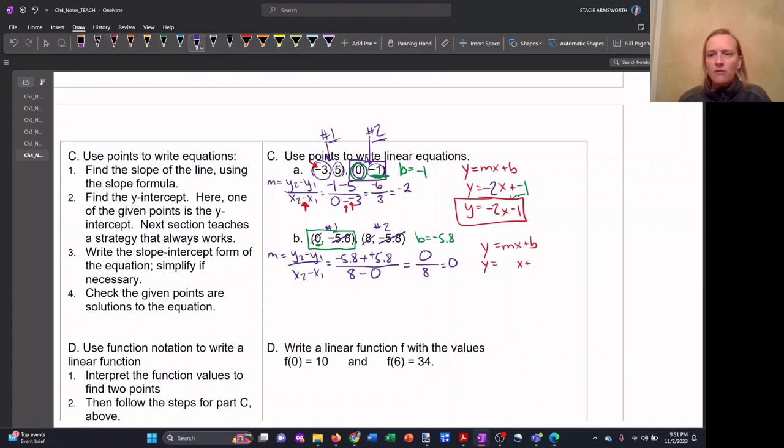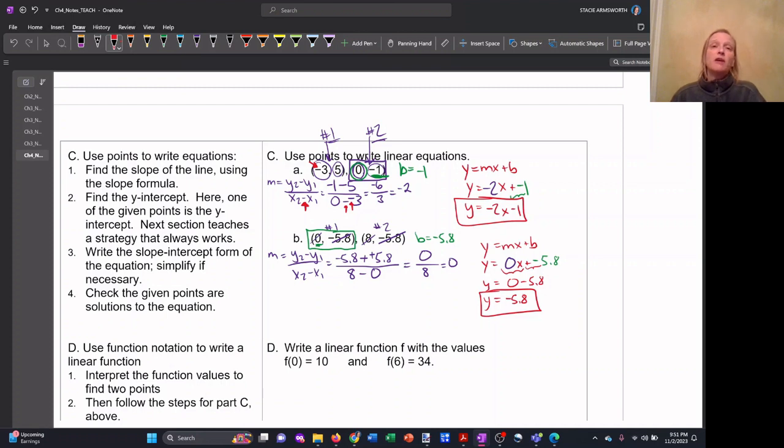I'm going to have 0 as my slope, and I'm going to have negative 5.8 as my y-intercept. And simplifying this, I see that 0 times x is just 0, and adding a negative is the same as just subtraction. So when I do that subtraction, I get y equals negative 5.8. And we're done.